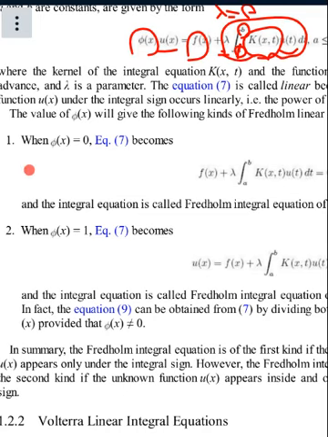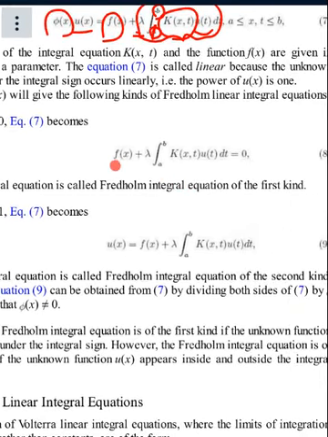In the first case, when the function phi equals 0, this equation will be written like this. The left side will be equal to 0. We don't have this side, and we only have f of x plus lambda, the integral of ku from a to b equals 0.